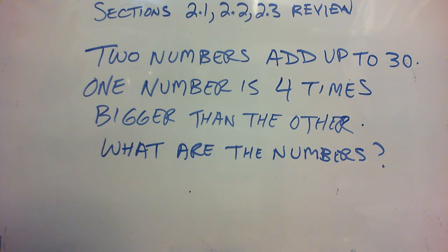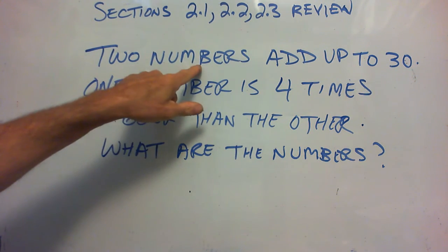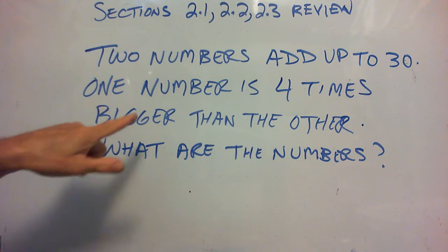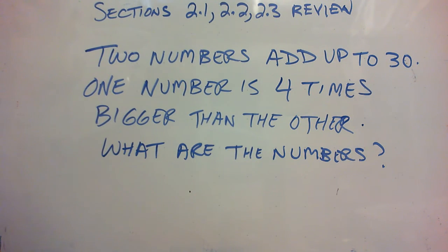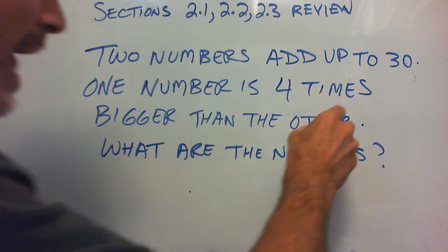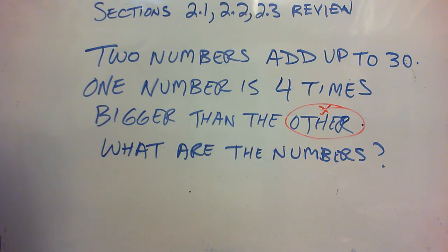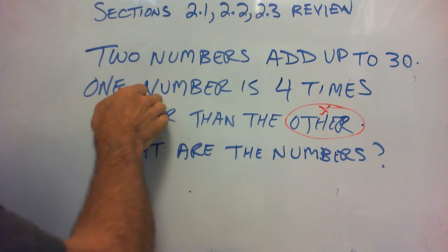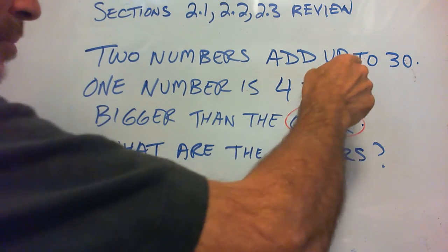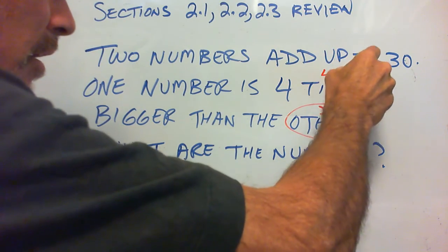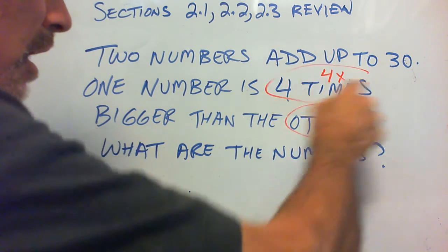Okay, in this next problem, we have two numbers that add up to 30. One number is 4 times bigger than the other number. What are the two numbers? Now, there's several ways to do this. One easy way to do this problem is to let x be the other number, and that means the first number is going to be 4x.